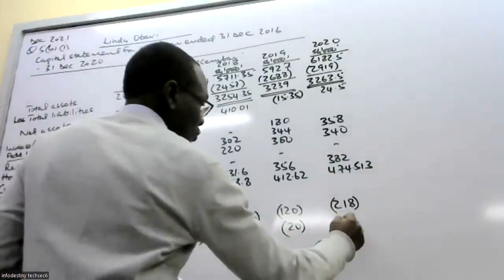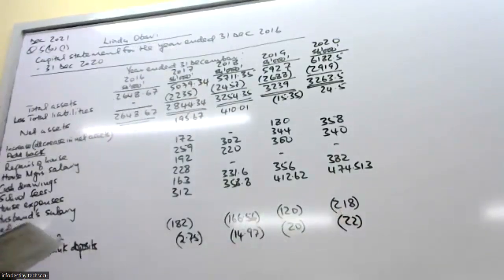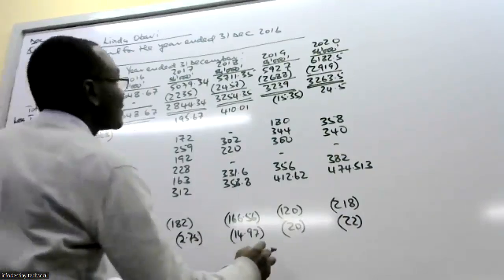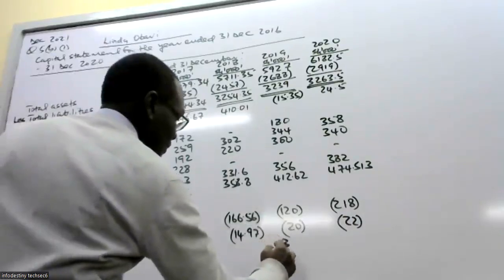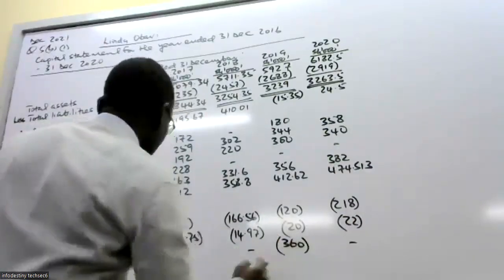Then you have 22. Then you also have note 4. She received 360,000 in cash as inheritance in the year 2019. So you deduct inheritance because it's not part of business income. So in 2019, we remove 360. So this should give you the estimated.